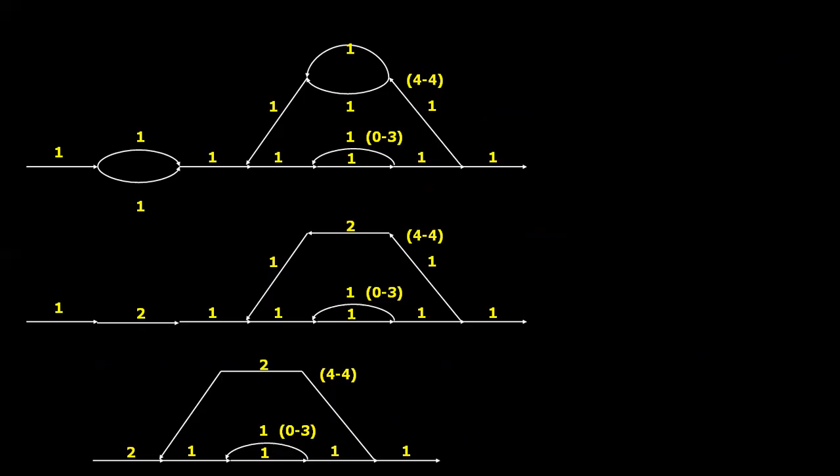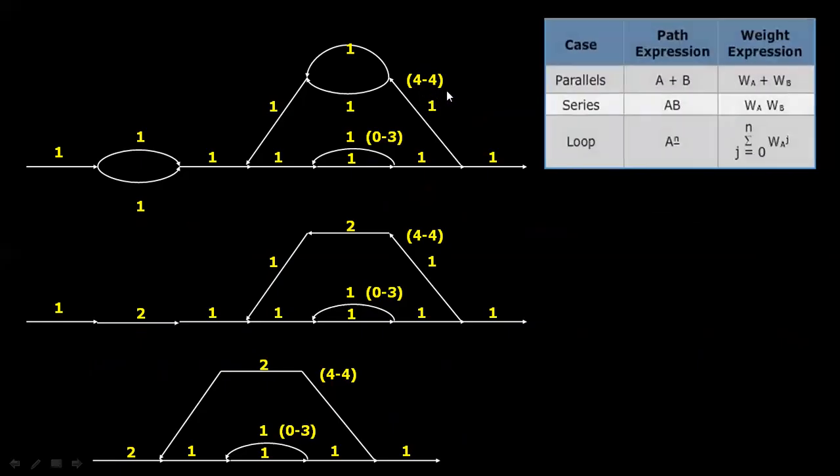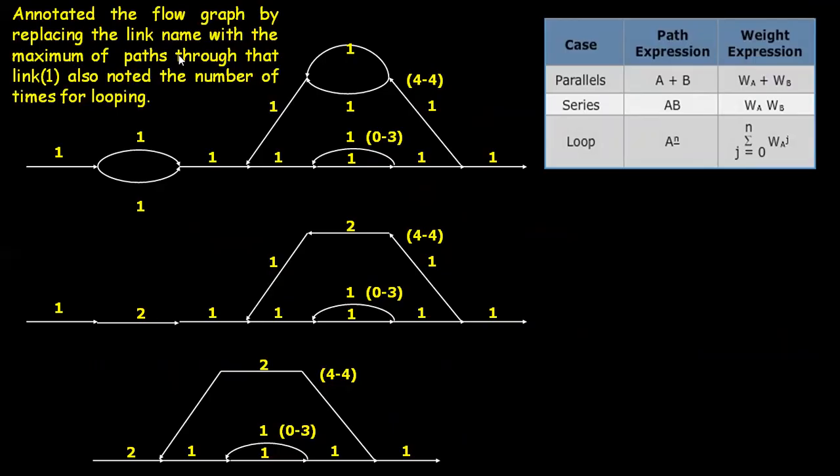And also note the number of times for looping: here 0 to 3, and the outer loop is exactly 4 times. We are going to use this ordinary algebra. So we annotated the flow graph by replacing the link names with the maximum number of paths through that link, which is 1, and we also noted the number of times for that particular loop.